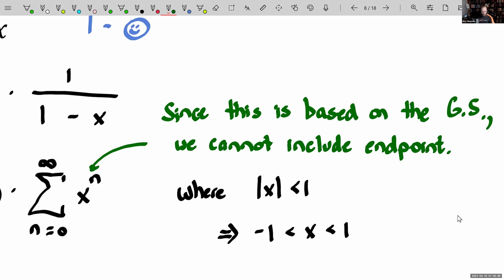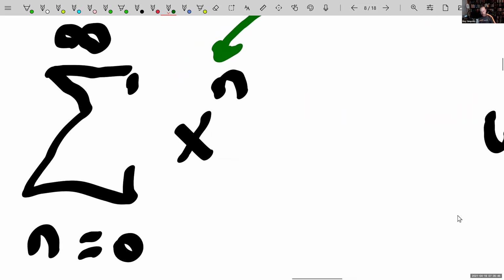You cannot include endpoints in its interval of convergence because, again, the geometric series is never going to converge when its common ratio is 1 or -1.